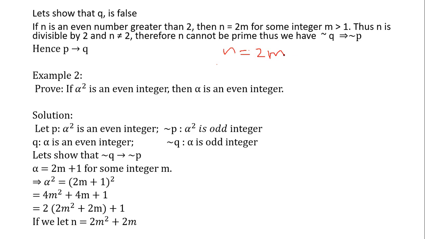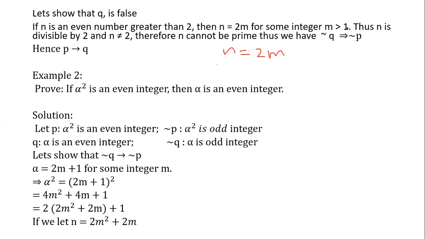Because we are talking about numbers greater than 2, m should not be equal to 1, because when m equals 1, we get n equal to 2, which is not part of our problem. So m must be greater than 1.